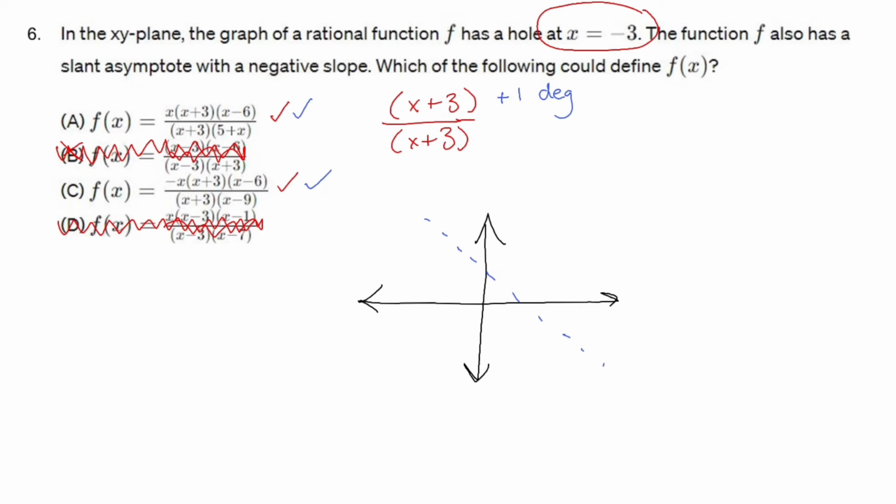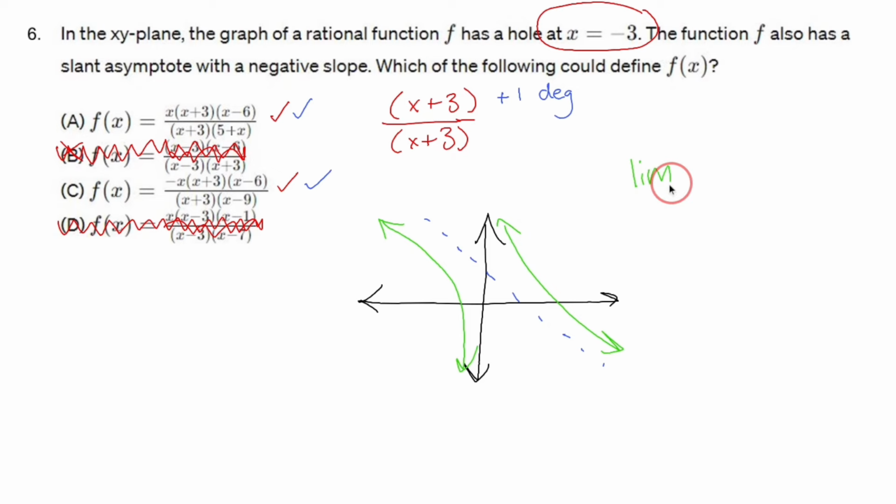So let's try to draw a picture of what this could possibly look like, knowing that it's not going to be accurate. So it might look something like this, right? And what am I looking at for a picture like this that has a negative slant asymptote? Well, if I were to look at the end behavior, that might help me figure out which of these will match.